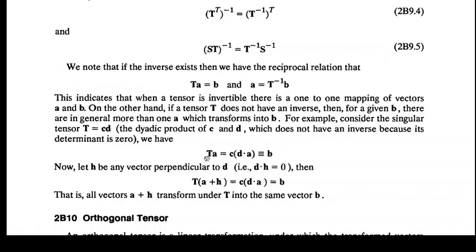Let's see, T is equal to CD, and by definition C times D dot A, we are saying this is B. Now we have taken a vector H that is perpendicular to vector D, that is D dot H is equal to 0.